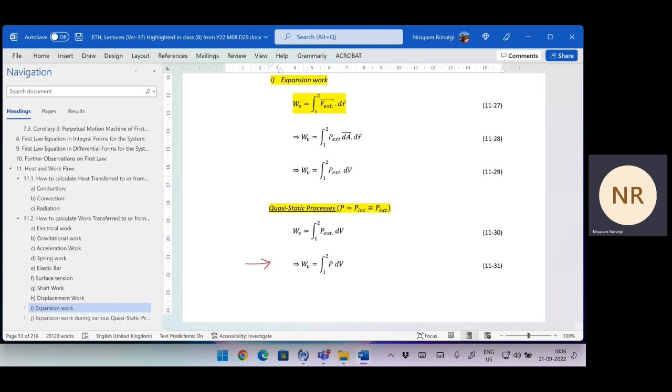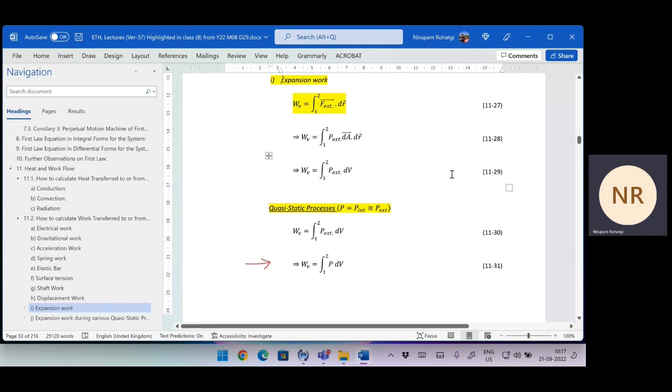Unless there is a force to accept the work, you cannot do the work. For example, I take a duster here. If I am doing work on this, I am doing work against the gravitational force. So whatever force I apply, the work actually done will be against the gravitational force, mgh.